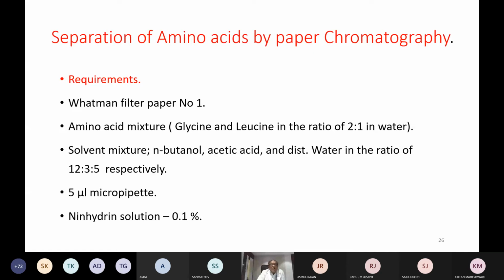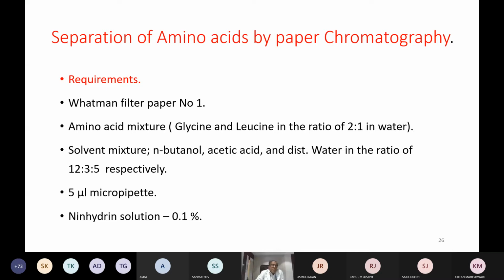So the requirements for separation of amino acids by chromatography will be like this. First is the Whatman filter paper, and the mixture we are taking is of glycine and leucine. For example, we want to find out whether glycine and leucine are in that amino acid mixture, which will be used as the unknown sample.